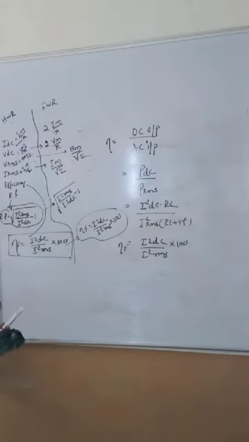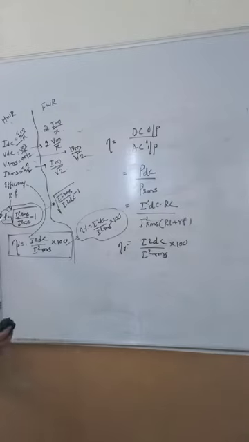Once you get the first value IDC, getting VDC is not a problem because VDC you are writing in terms of IDC. Once you get the IRMS value, getting VRMS is not at all a problem because VRMS you are writing in terms of IRMS which you have already derived.